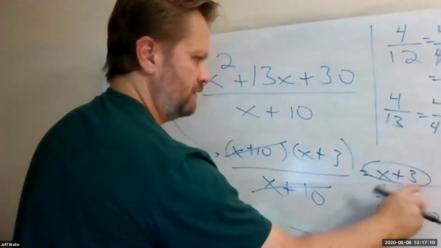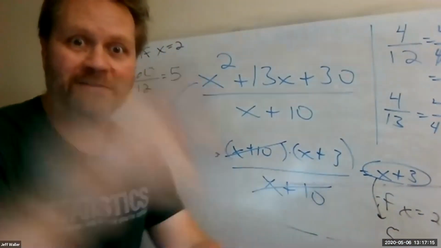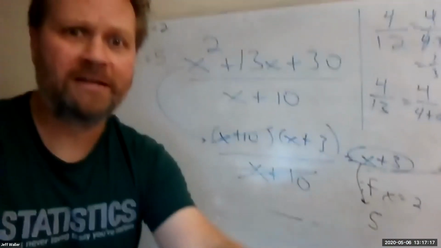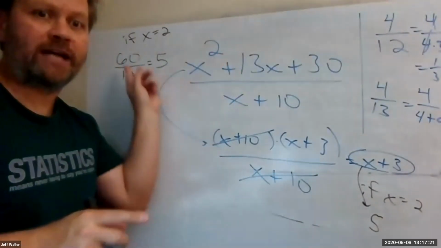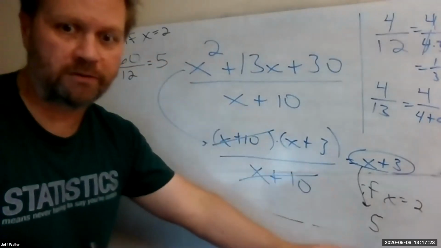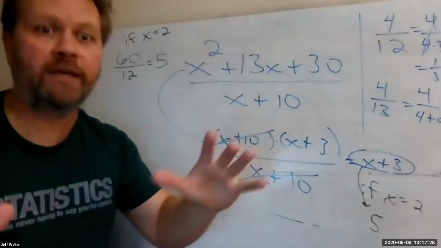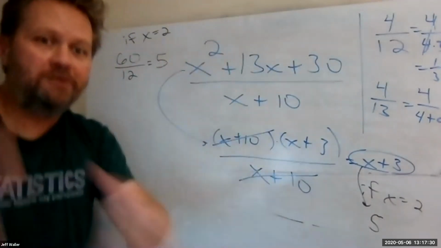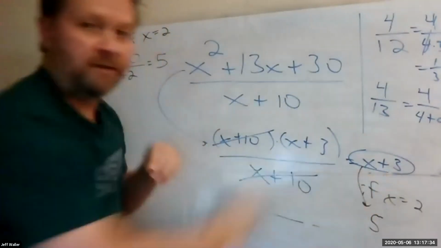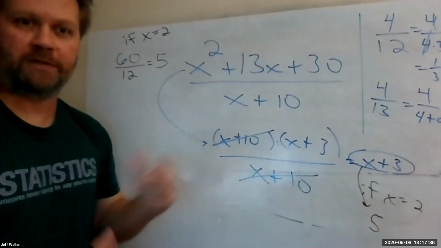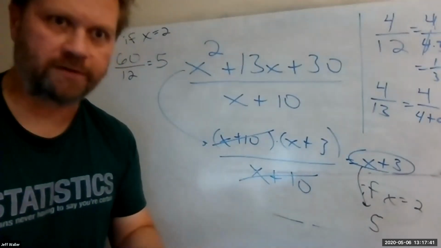X plus 3 is 5, right? I don't know if you guys see what I'm talking about. So if x were 2, this fraction is actually 60 over 12, and it does reduce to 5. So why did I do all this work? Because now I did it for every possible value of x. If x is 8, whatever this is, it becomes 11 when you reduce it. So we just did an infinite number of reducing fractions.